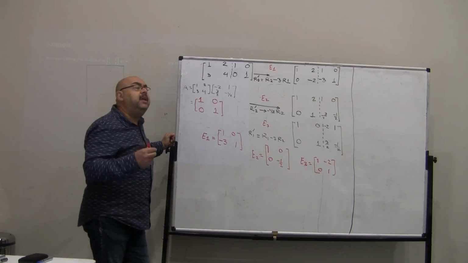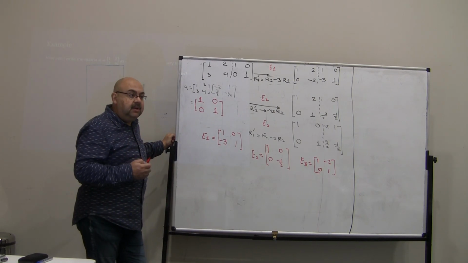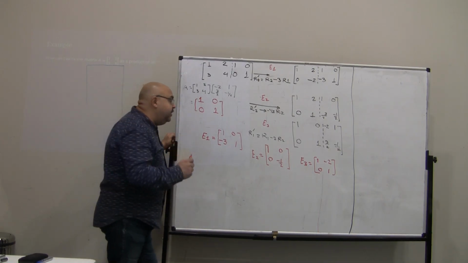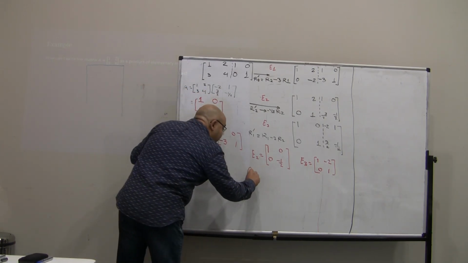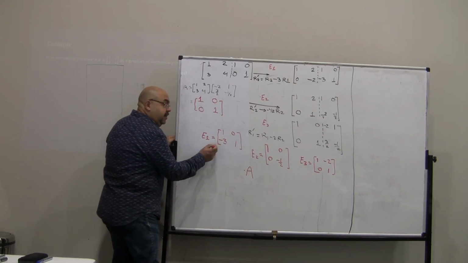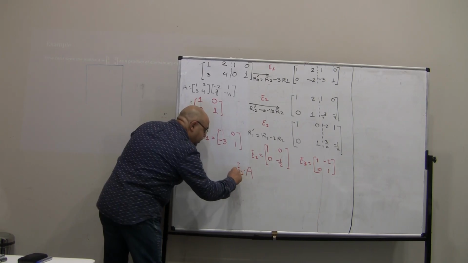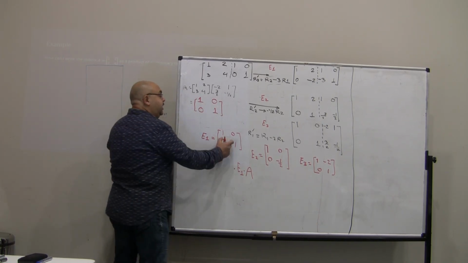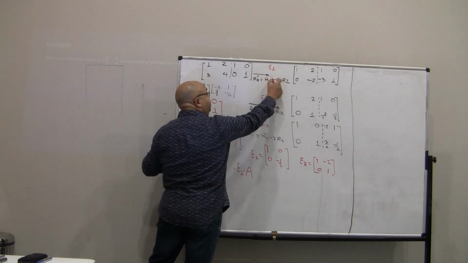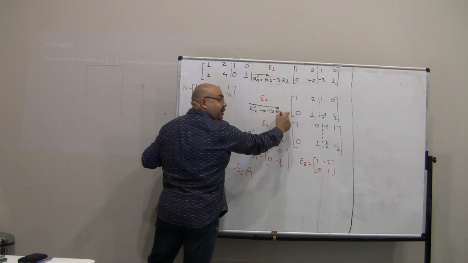Okay, I want to write them. To get the inverse, how it's going to be written? It's going to be written like this. This is the A matrix. First of all, first step, we multiply in E1. So it's going to be times E1. Then, after we did this step, after we multiply the first row in negative 3, we multiply the second row by negative half.